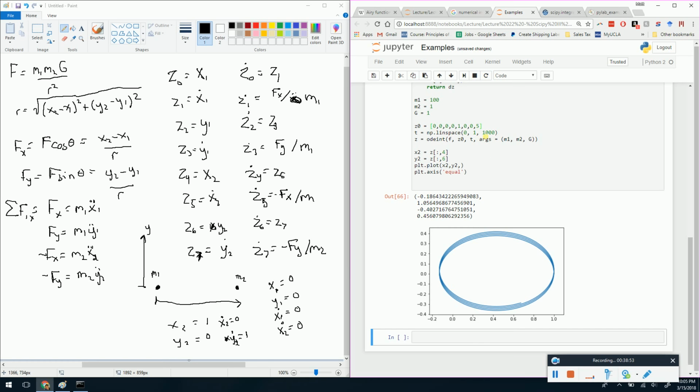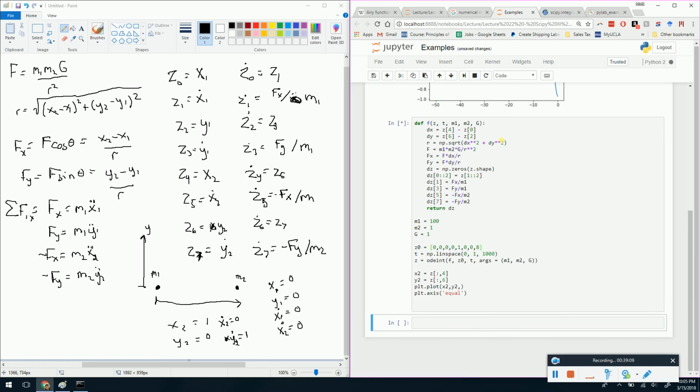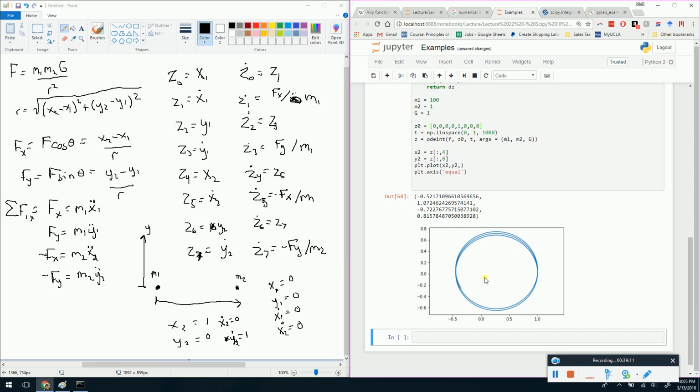But then I gave it enough speed in the y direction, and you see that 0, 0 starts getting further inside. I just didn't like that look. So this is looking like a more proper ellipse now.